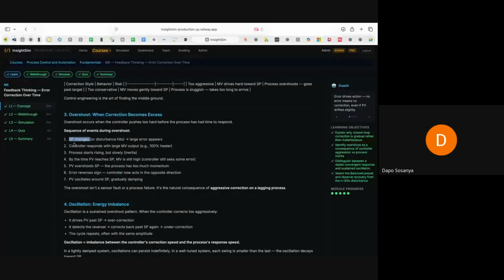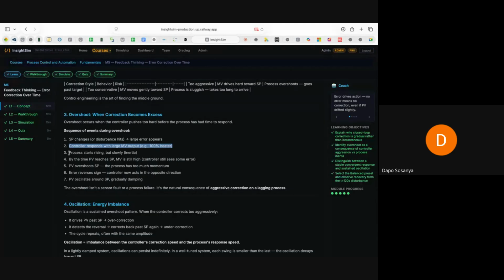Once either SP or disturbance hits, there's going to be a large error. Then the controller immediately, because it operates in milliseconds, will respond with a large MV output, e.g., 100% heat supplied to the process.